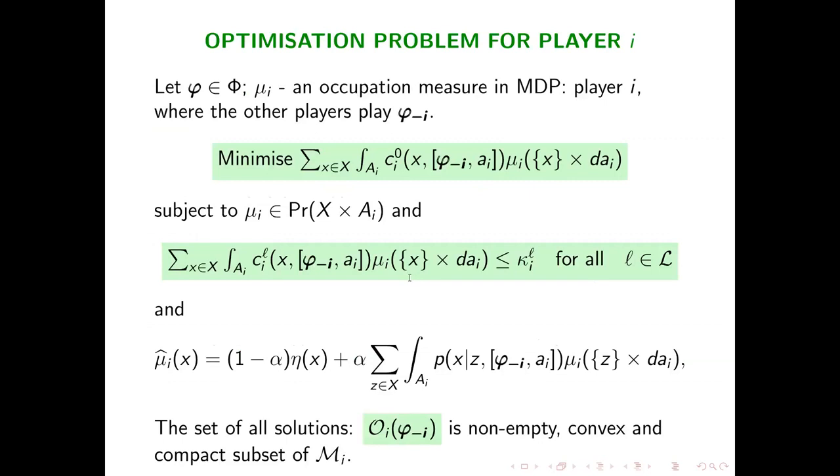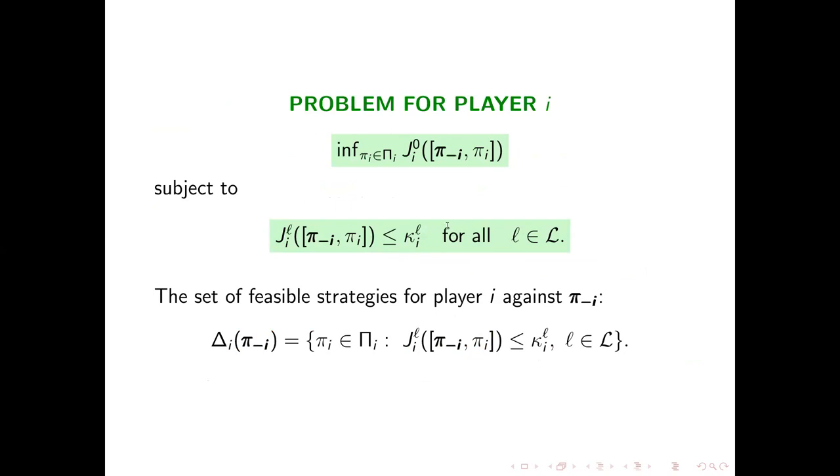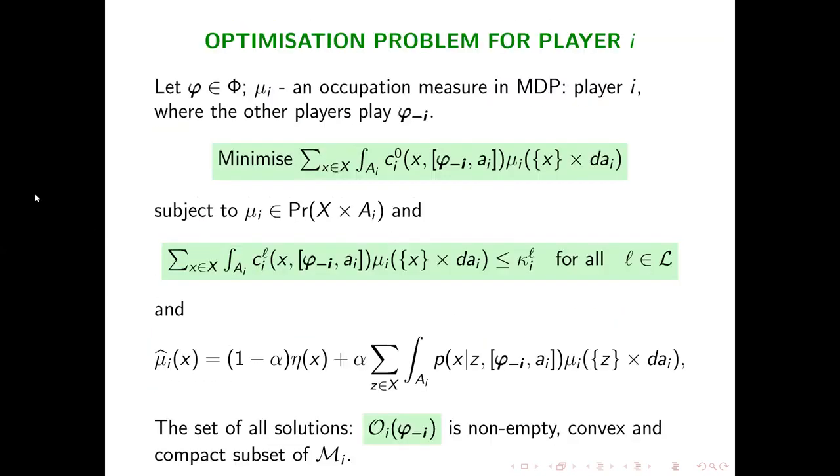Then our optimization problem for player I expressed here can be written with the aid of occupation measures as follows.